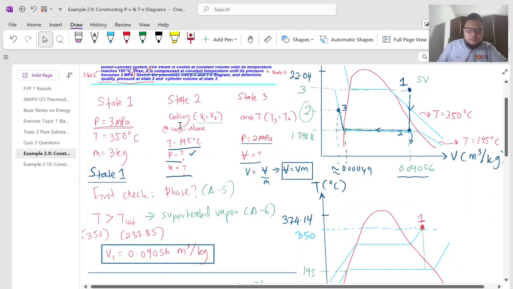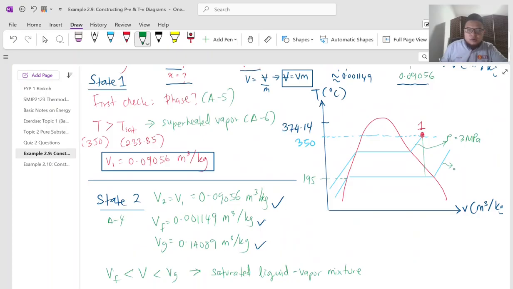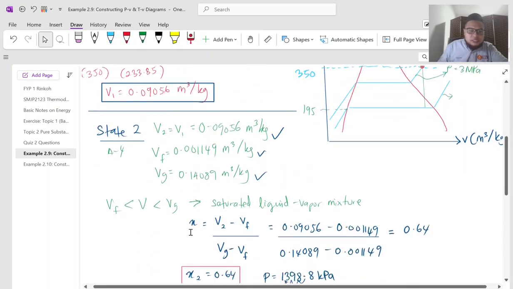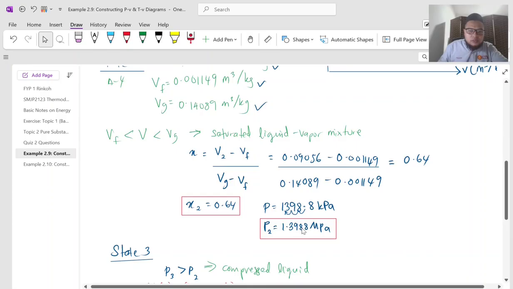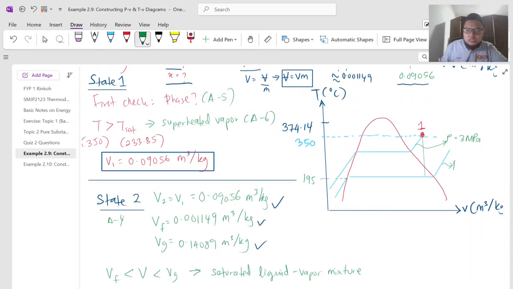Let me just back up a second. At state 1, the pressure was 3 megapascals, so this is the isobar of 3 megapascals. What is the pressure at state 2? It is 1.3988 megapascals, so this is an isobar of 1.3988 megapascals. And so now we have state 2 at this point.